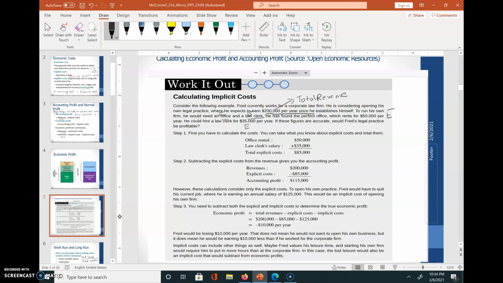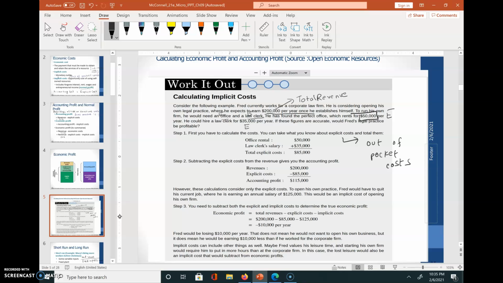Now, let's calculate the cost. What's going to be the explicit cost of starting his own firm? This includes the office rental, which is $50,000. That means these are basically the out-of-pocket costs.